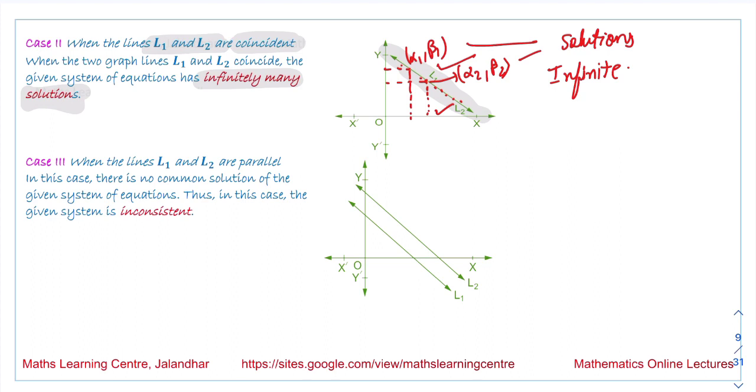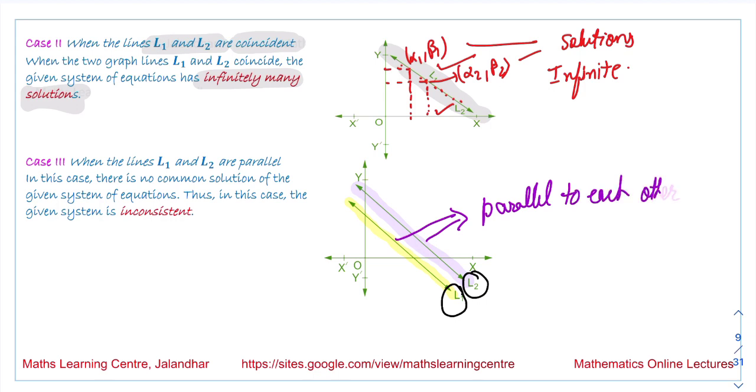Now the third case is that we have obtained two lines. One is the line L1 and one is the line L2, and both these lines are parallel to each other.